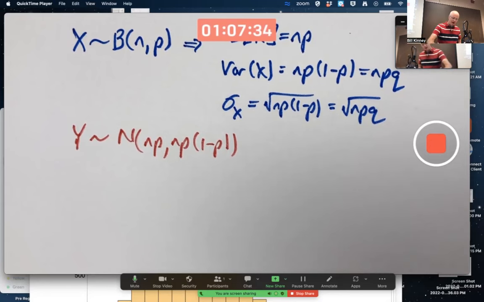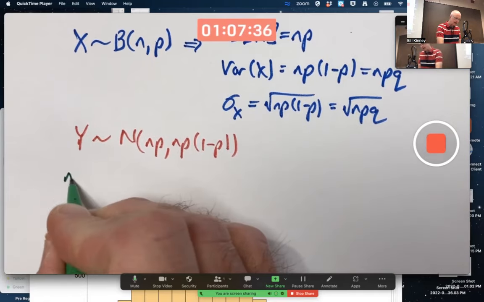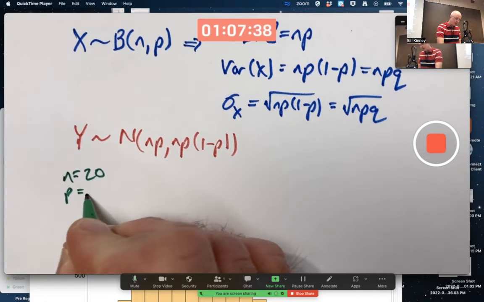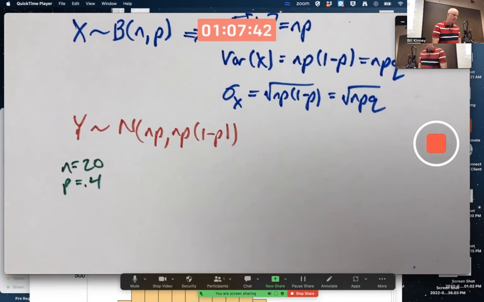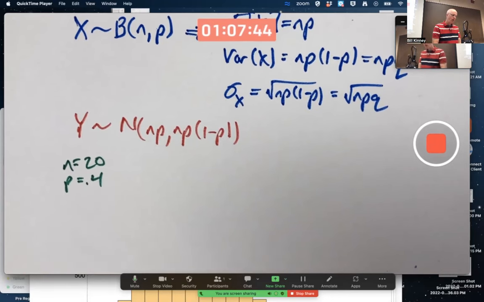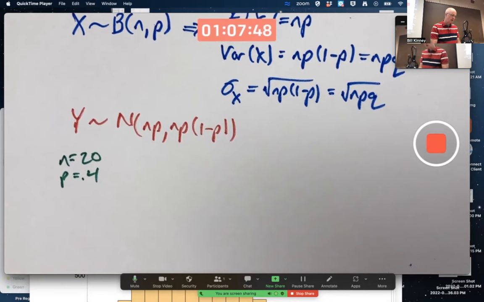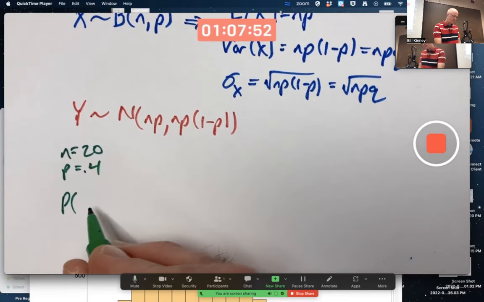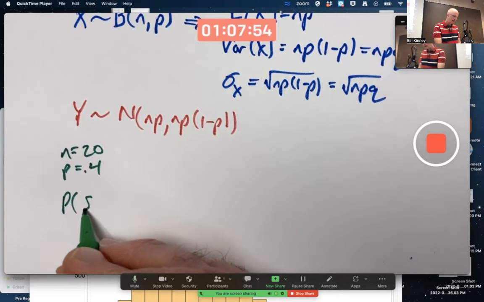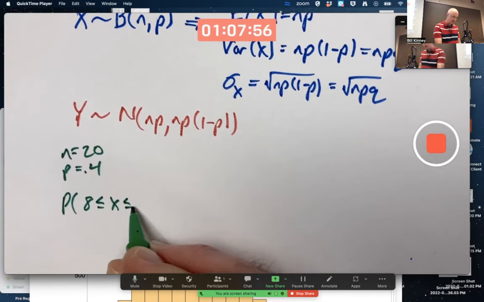So once again, let's go back to the free throws. Let's say n is 20, p is 0.4. I might wonder, when I attempt 20 free throws, what is my probability that I make between 8 and 10 of them inclusive?